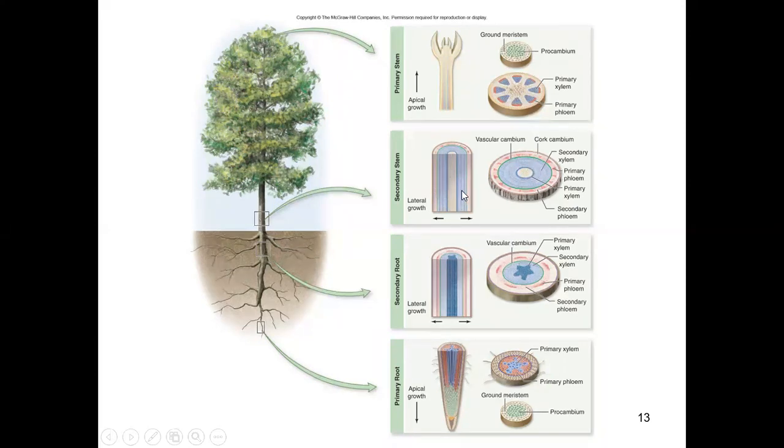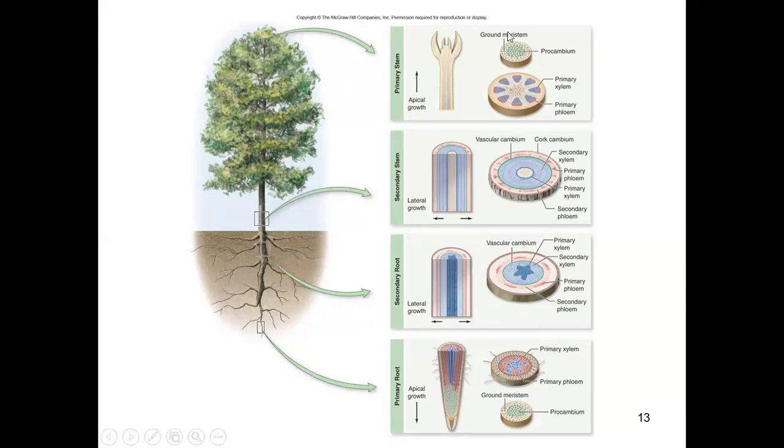So due to the secondary growth, a lateral growth arises, and these are the differentiations. We can find out here the cork cambium, secondary xylem, primary xylem, primary phloem, secondary phloem. So we see the differentiation in growth in the primary as well as the secondary here.